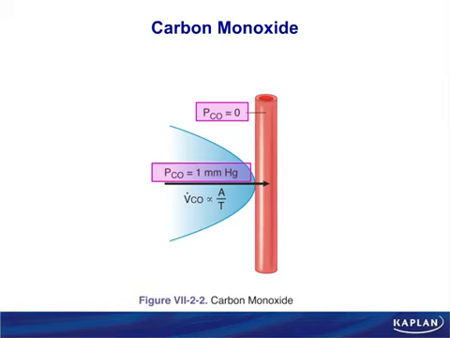Now, the reason we use carbon monoxide is because of this property. It is diffusion limited. In order to determine the uptake, and I won't go into all the mathematics or the technical aspects, we must be able to measure this venous level right at the end of the capillary, the partial pressure of the gas.